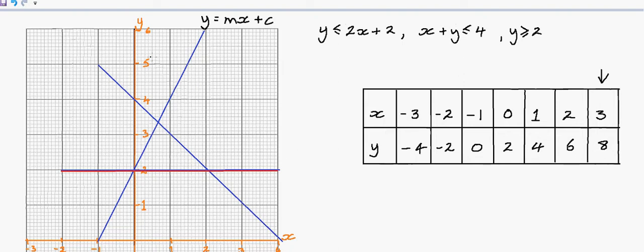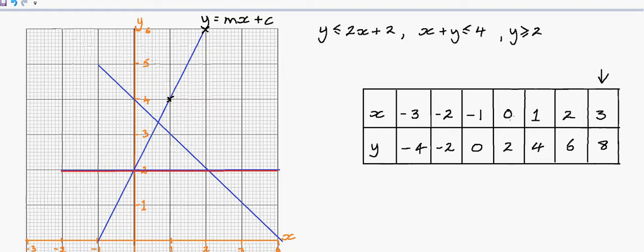Well, y only goes to 6, so I can't plot that point. So where x is 2, y is 6. Where x is 1, y is 4. Bugger me, it's on the line I've drawn.